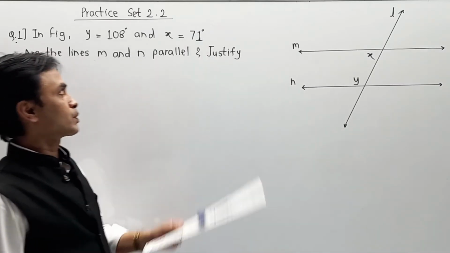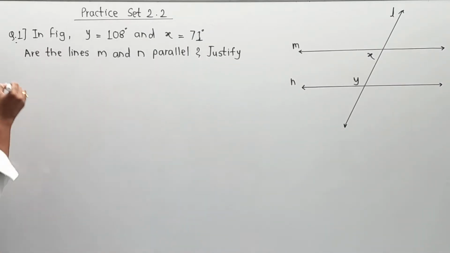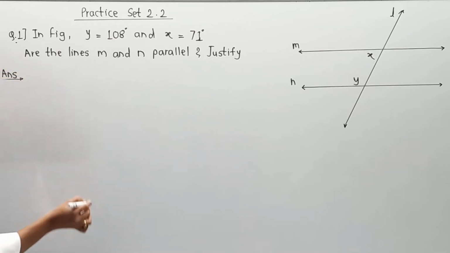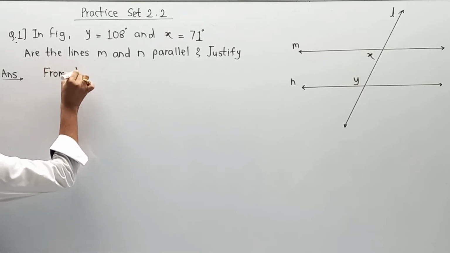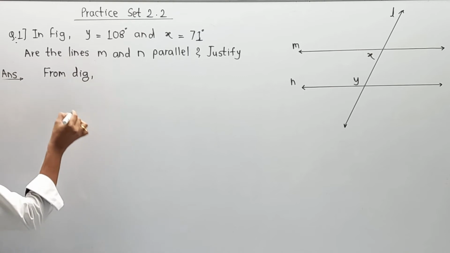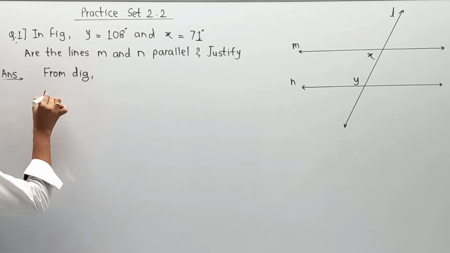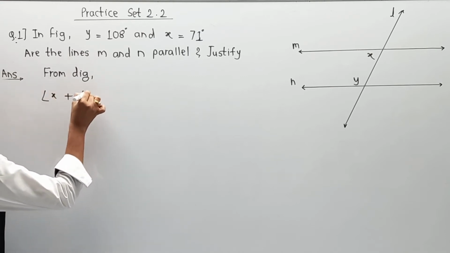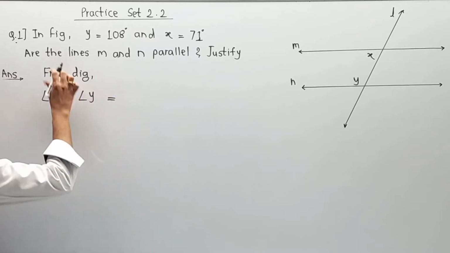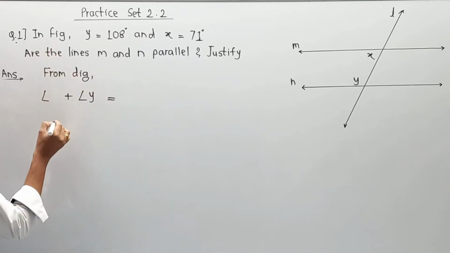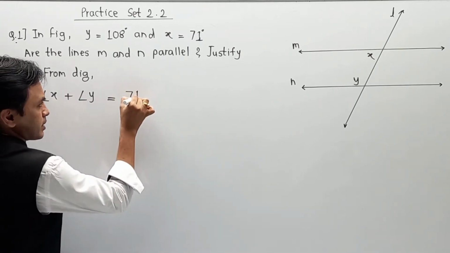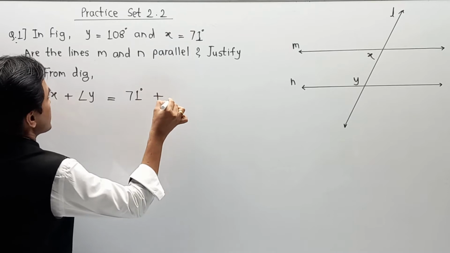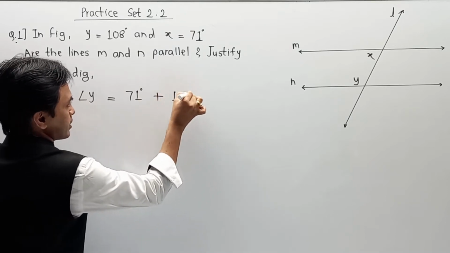Let us do the calculation over here. From the diagram, angle x plus angle y is 71 degree plus 108 degree.